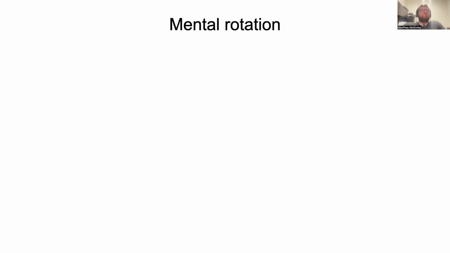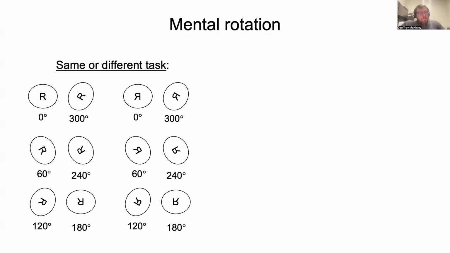Okay, so this is called mental rotation. We've talked about mental scanning, size and imagery, and here now we're talking about mental rotation. In this experiment, participants were shown, let's say, a letter, right? The letter was either in the correct way, so the R was like this, or it was reversed.